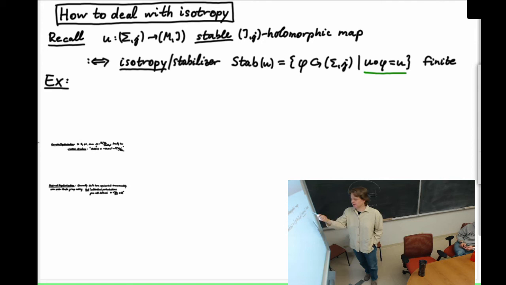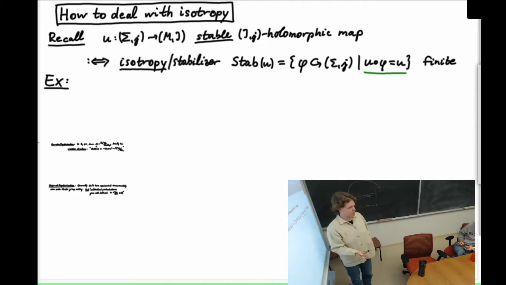Stabilizer makes more sense when you think about the group action, but I guess they're also called the isotropy groups, and eventually there's not going to be group actions, but more general morphisms in categories, and then isotropy is somehow a better word for that.